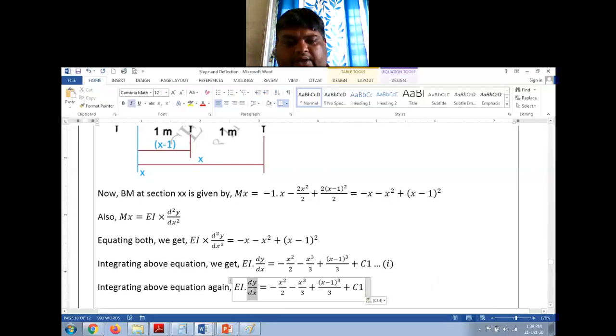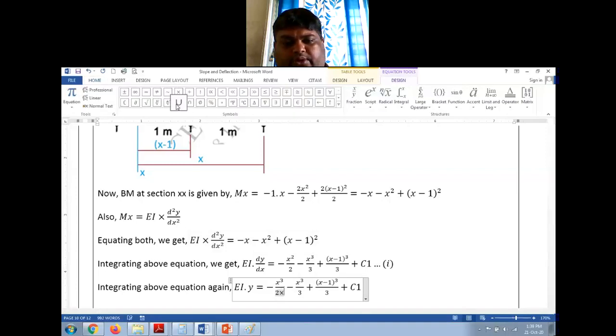EI y is equal to minus x square by 2 will become x cube by 2 into 3, x cube by 3 will become x raised to 4 by 3 into 4.